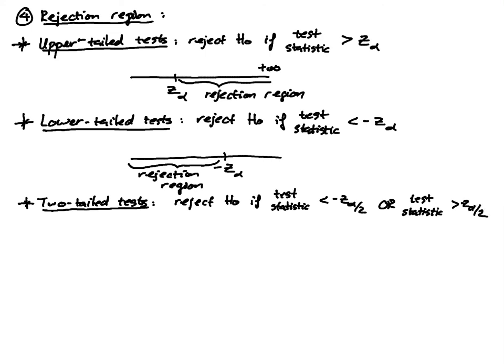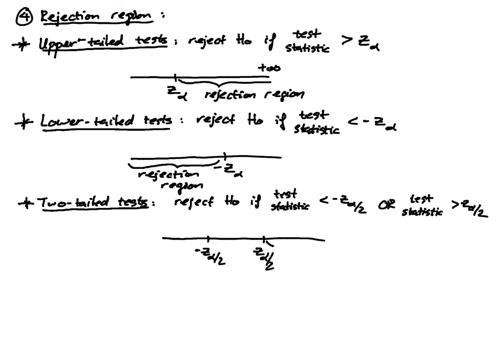And so if you draw the number line for this situation, you put negative z sub alpha over 2 and then z sub alpha over 2. Then we have two rejection regions.